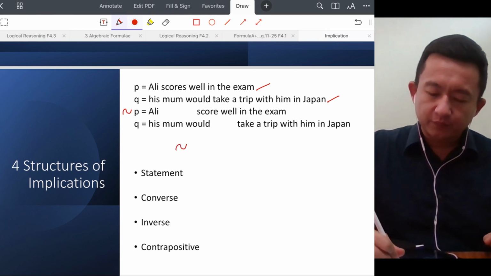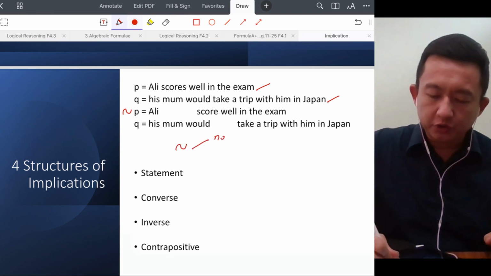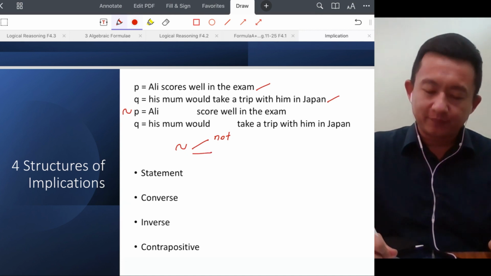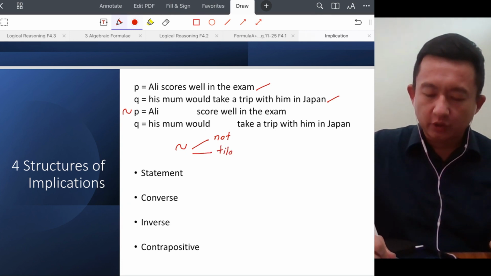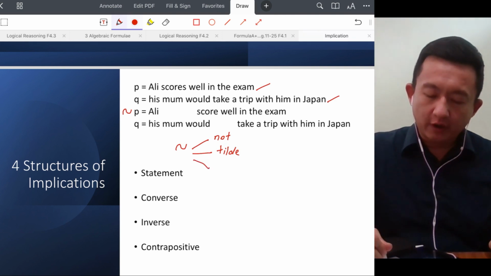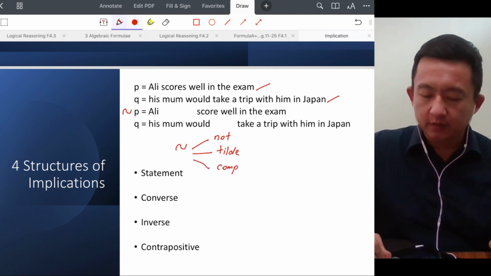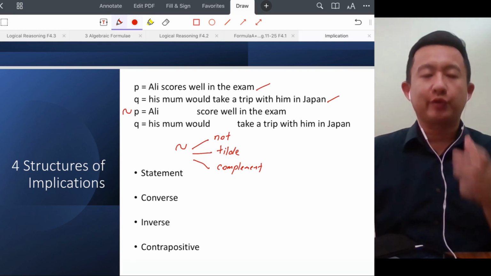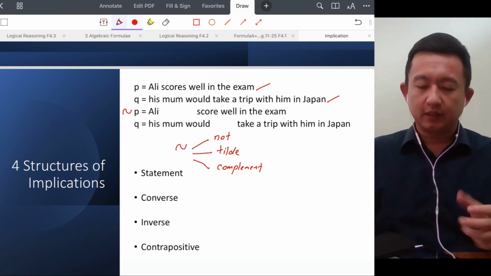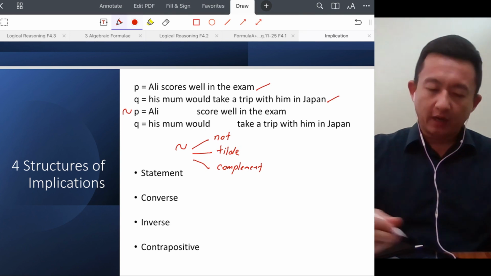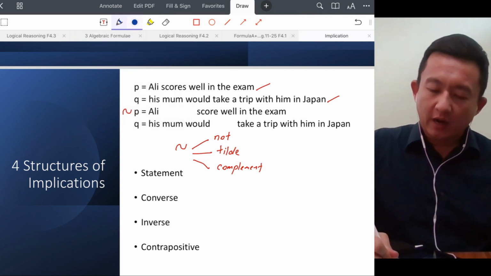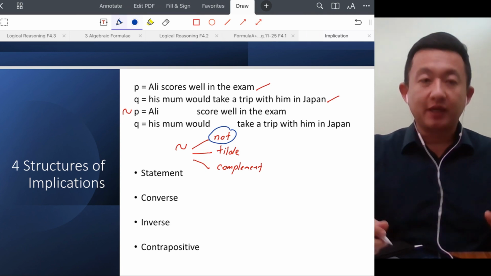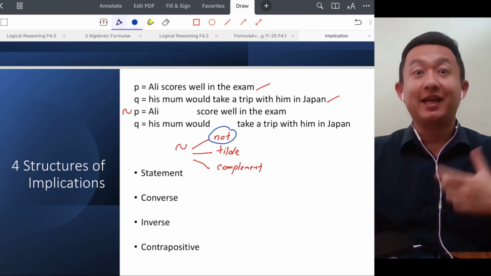You can call it not P, or you can call it by the symbol itself, or you can call it the complement of P, meaning the opposite of P. Most of the time, I will use not P in these lessons. So not P, negation, negate P.